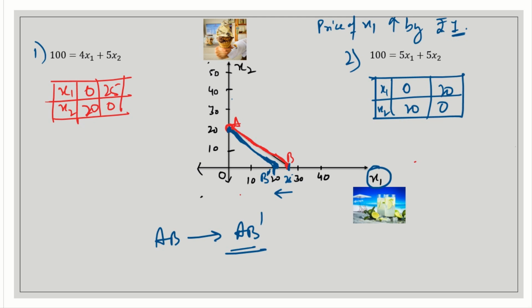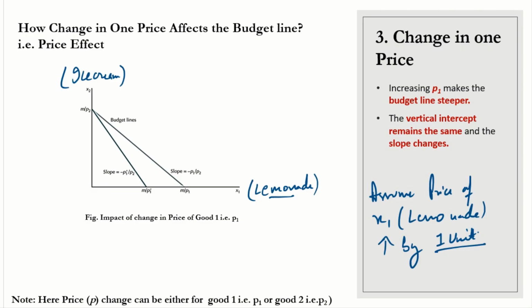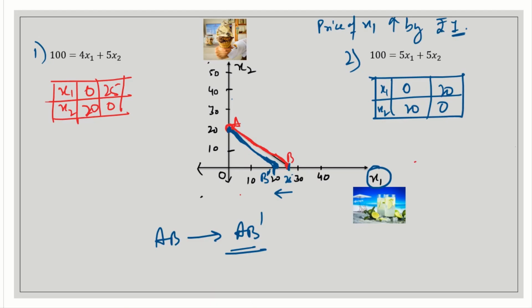Okay, now let's get back to what it says. So what is the impact of change in price on the budget line? If the price is going to change, definitely the budget line is going to shift inwards. Okay, but in terms of slope, what is going to happen? Let us see.